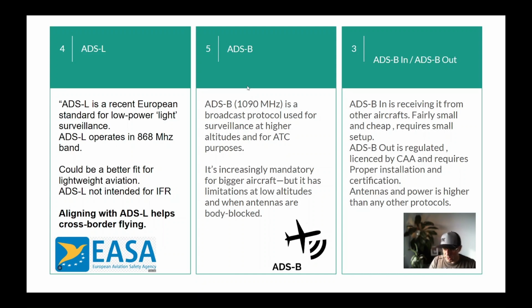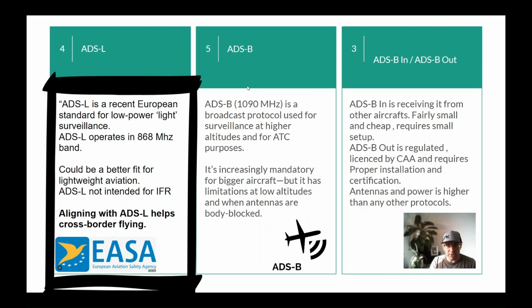At this point, guys, I just wanted to cover some other protocols which weren't mentioned in the presentation. ADSL is a recent European standard introduced by the European Union Aviation Safety Agency, and it's intended for light aircraft and general aviation. The ADS part stands for Automatic Dependent Surveillance, and the L is for light.